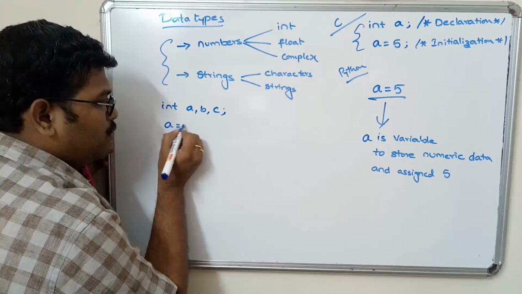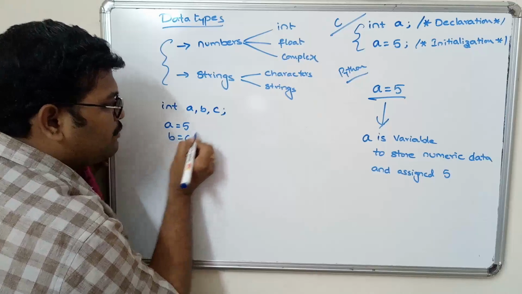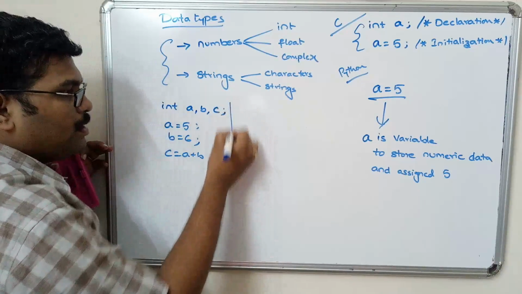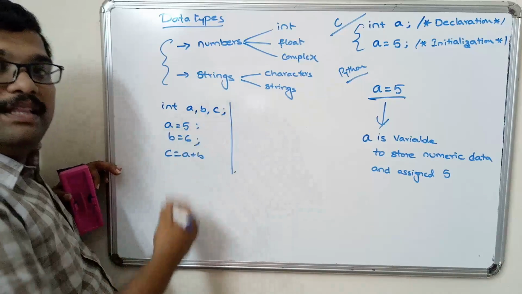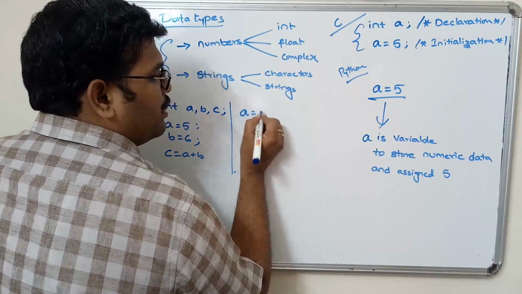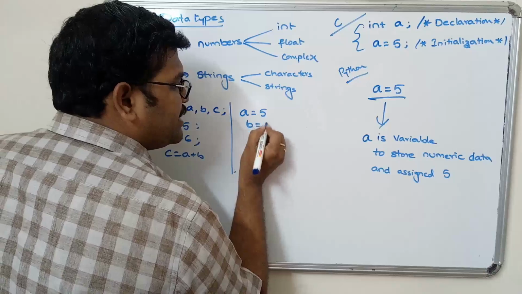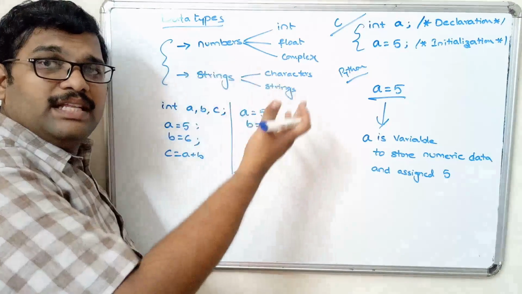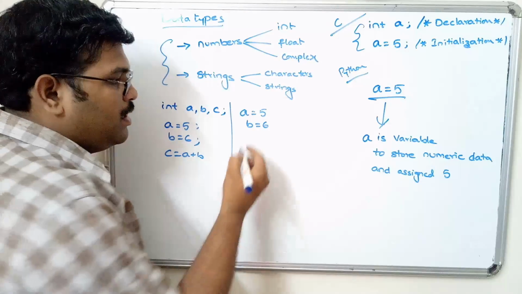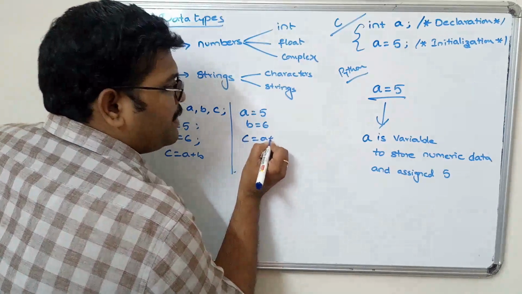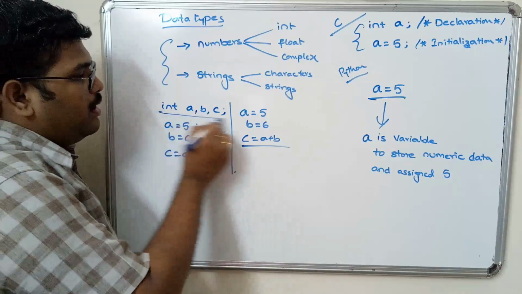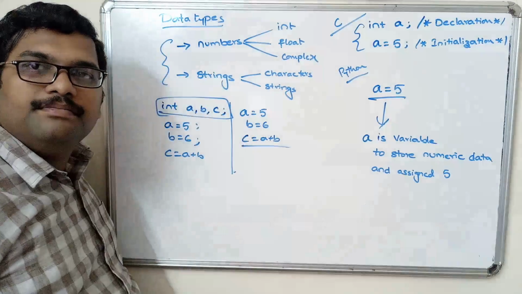Next, a is equal to 5, b is equal to 6, c is equal to a plus b. Coming to Python, directly we can write a is equal to 5, b is equal to 6. That implies two variables are declared as integers. And directly c is equal to a plus b. Only three statements.